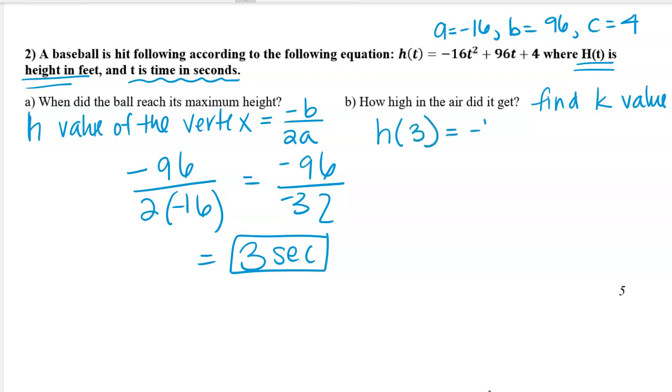So h of 3 equals negative 16 times 3 squared plus 96 times 3 plus 4. All right, Tyler, what's 3 squared? 9. 9 times negative 16. Get a calculator, buddy. I have so many that you can borrow. Guys, go grab a calculator if you don't have one.